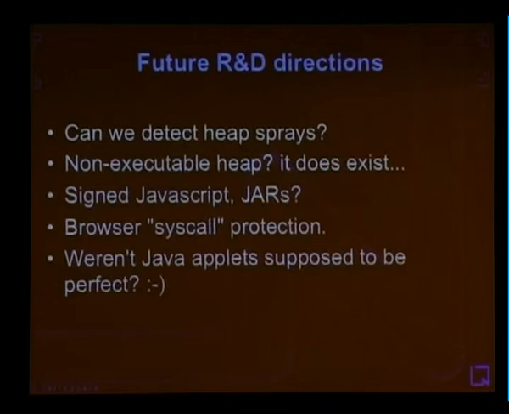Somebody was telling me, why don't browsers have a mechanism to see if large amounts of heap memory are being consumed consecutively, raise an alarm and say, there's a heap spray going on, I'm going to stop this. But I also noticed that if you look at the heap memory after loading up a page from Flickr, it looks exactly the same. When you have 80 JPEG files being loaded in the browser's heap memory, it looks like a heap spray. There's no way you can distinguish it from real content that is loaded.